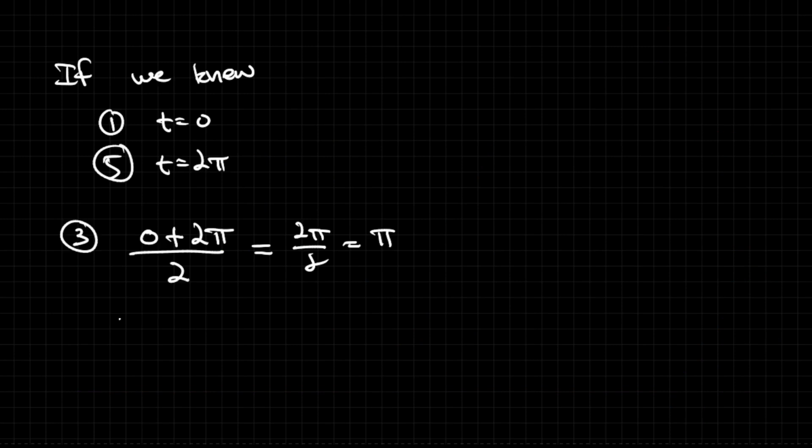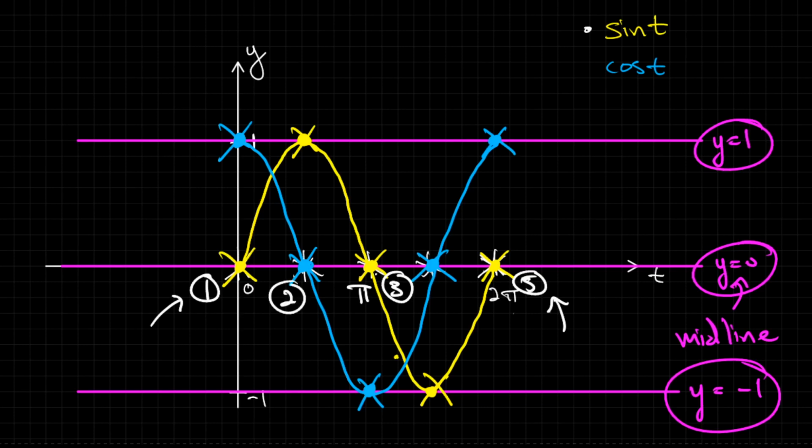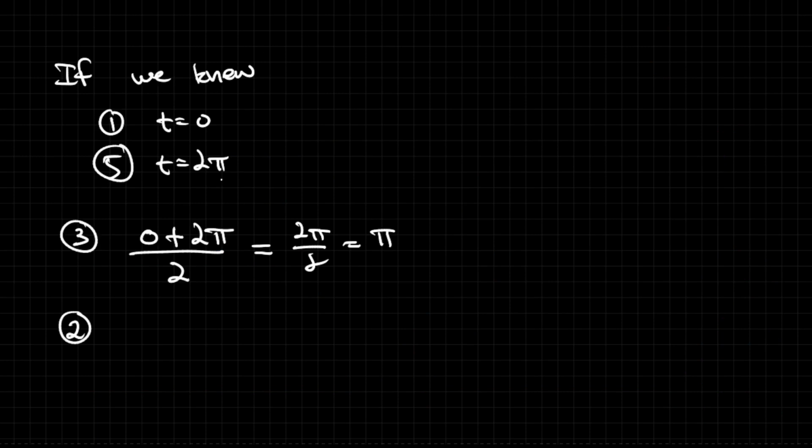Then you can find the 2nd t-coordinate because the 2nd is halfway between the 1st and the 3rd. So to get a number that's halfway between the 1st and the 3rd, you would do 0 because that's the 1st, plus the 3rd, pi, and divide by 2, and that would be pi over 2.